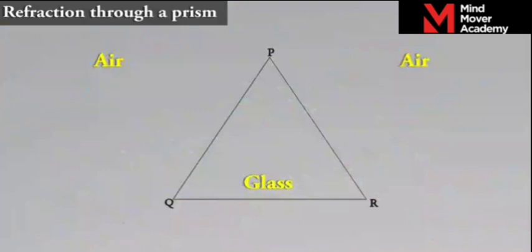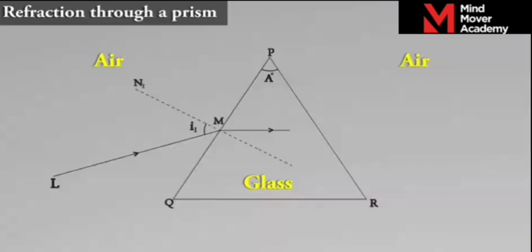The adjacent figure shows the principal section PQR of a prism of refracting angle A. The light ray LM strikes on the edge PQ of the prism at the angle of incidence I1. As the ray is moving from air to glass, after refraction it bends towards normal N1 and moves through the prism along the path MN.